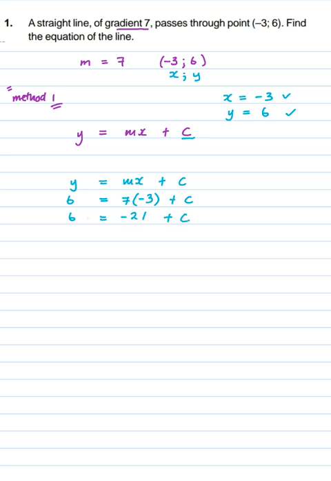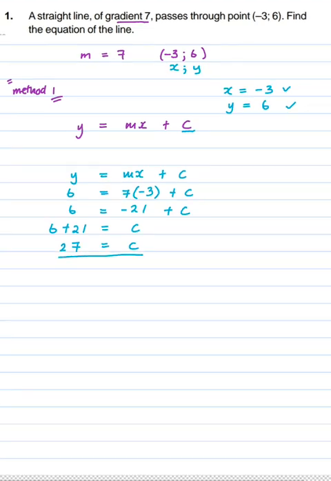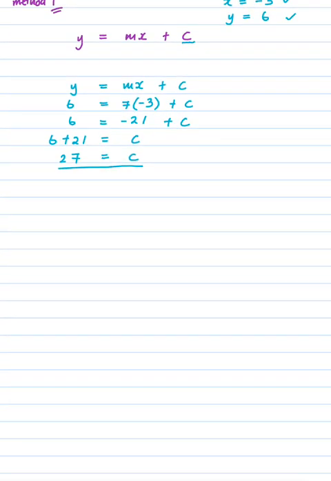Then the minus 21 crosses over and becomes 6 plus 21, which is equal to c. So our c is going to be equal to 27.